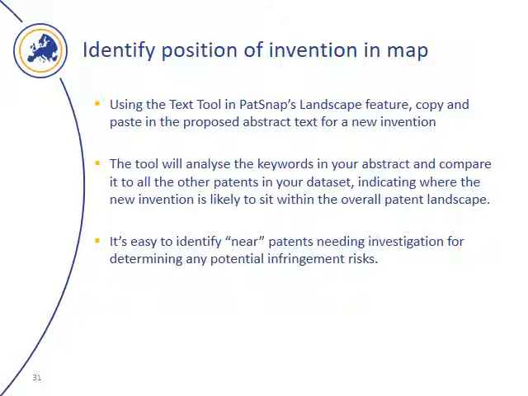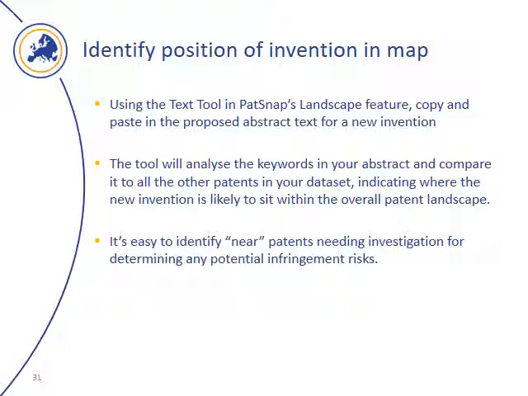and the tool will then analyze the keywords in your abstract and will always put a higher weight on those keywords which are not appearing in a lot of patents, but which are very specific for such an idea.